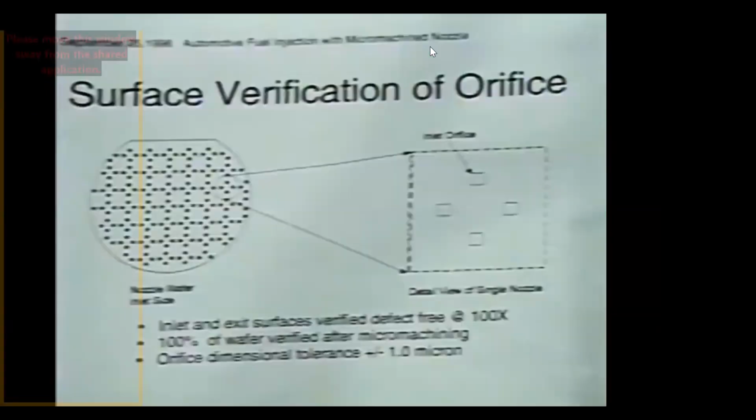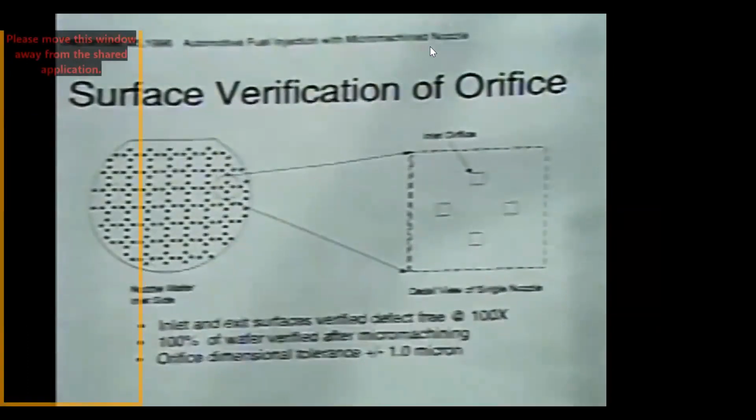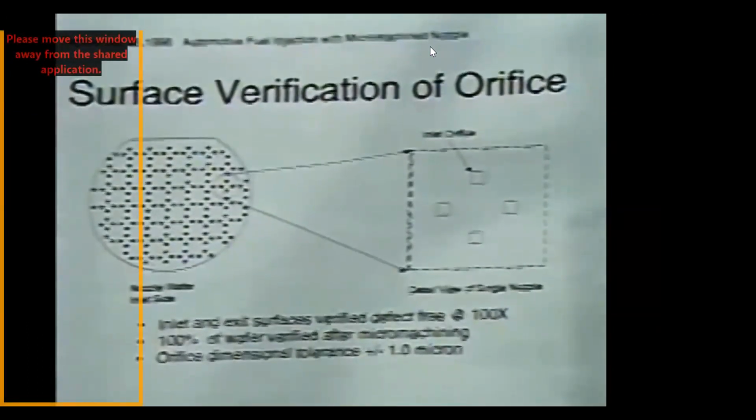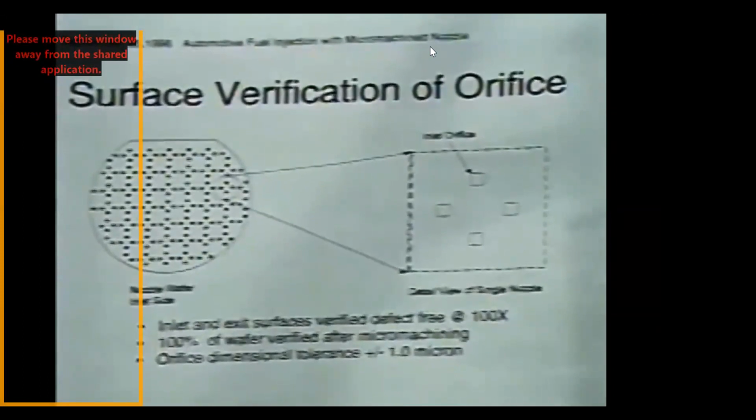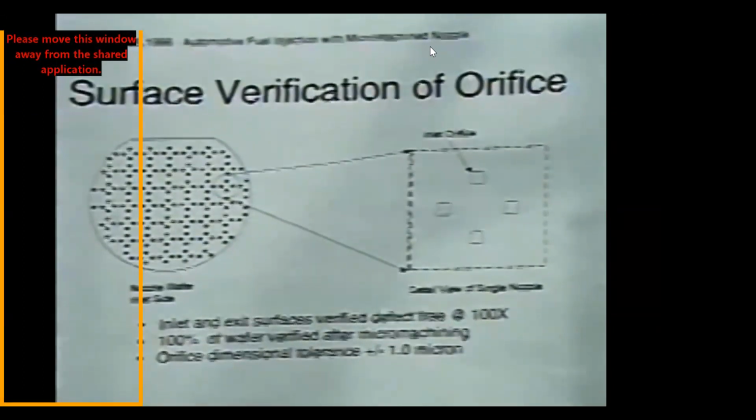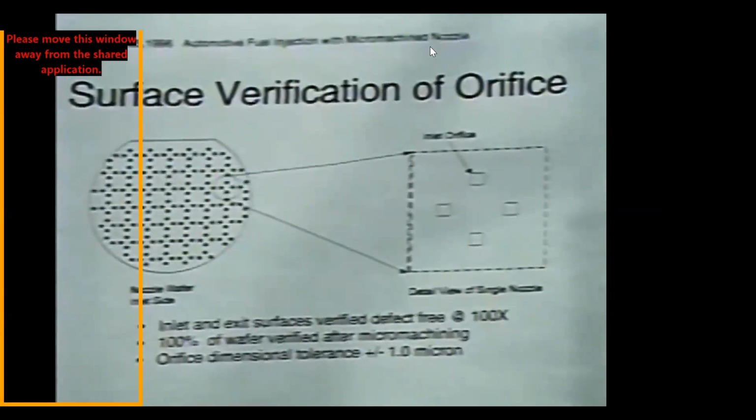First, we did an optical inspection. We inspected both sides of this wafer after the etch. It was very easy to inspect for defects on the surface because the surface is very mirror-like and defect-free. After the surface inspection, we would inspect every single orifice.